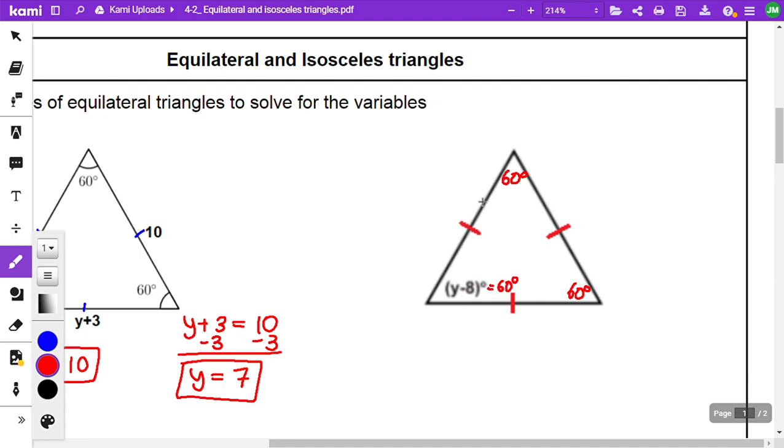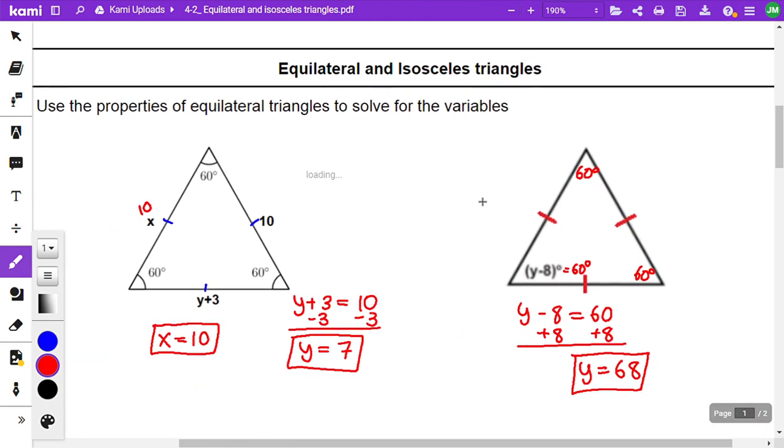And so you can set this up as it looks like. We have y minus 8 is equal to 60 degrees. And then if we solve for y, we can add 8 on both sides. So y comes out to be 68. Not degrees, because it's a value. But after you plug it in, 68 minus 8 should be equal to 60. So y is equal to 68.